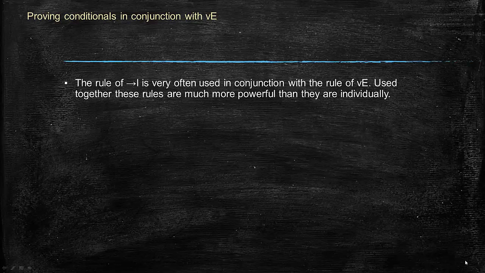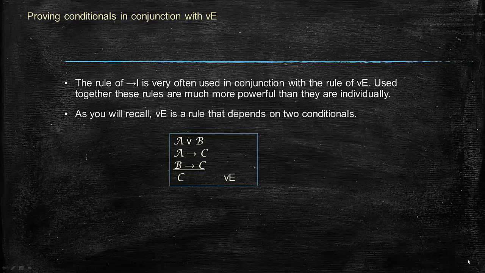Right, so I mentioned a while ago that the rule of disjunction elimination starts to become more interesting when we can actually construct the conditionals that we use in this. And the rule of conditional introduction is what we've been waiting for in order to do this. So remember that disjunction elimination is a rule that depends on two conditionals. So we have A or B, if A then C, and if B then C. And if we have those conditionals, we can conclude C, as you know.